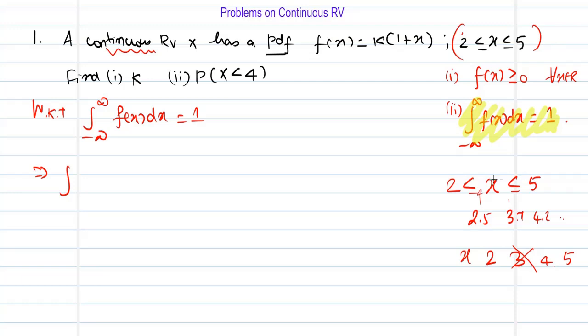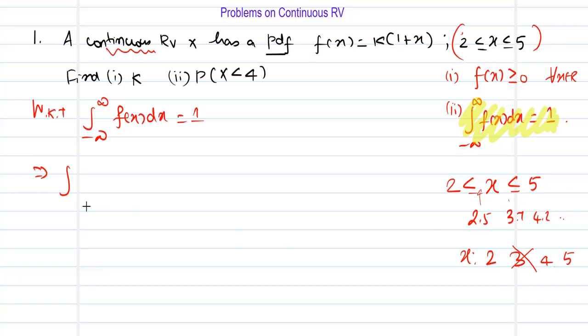If it is an interval, you denote it by this symbol, 2 less than or equal to x, less than or equal to 5. So inclusive of 2 and 5, all the infinite numbers that lie within it will be taken into account. In which case, you cannot write x takes the value 2, x takes the value 3, x takes the value 4, x takes the value 5. So this is a wrong notion. Please avoid taking finite or point values. It takes all the values between the interval.